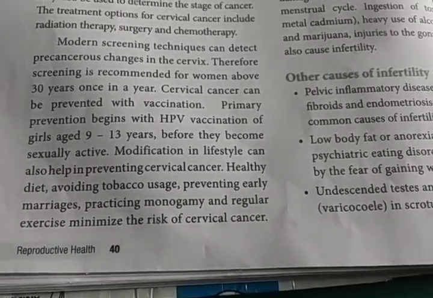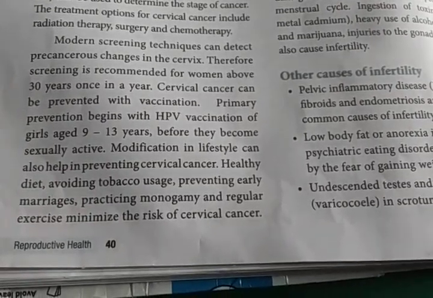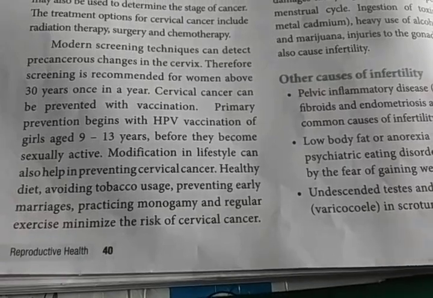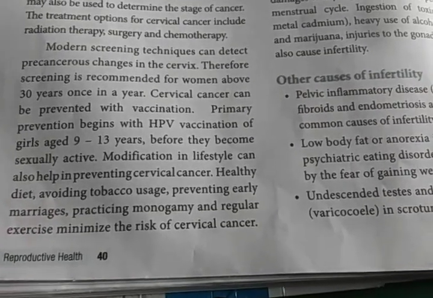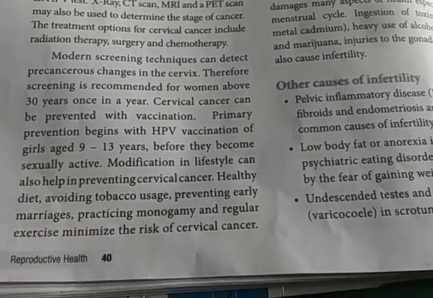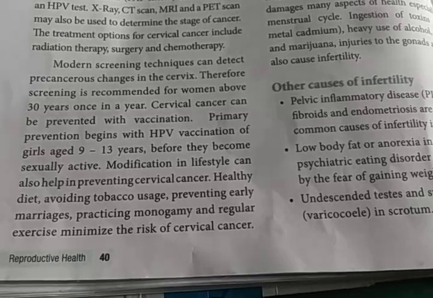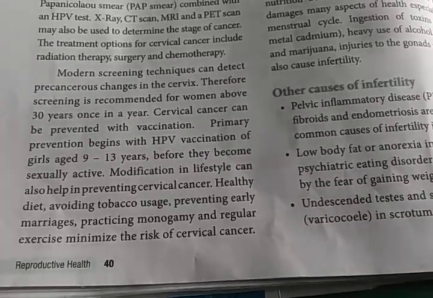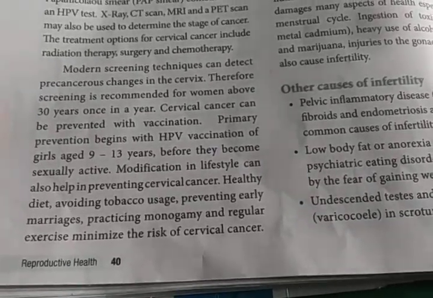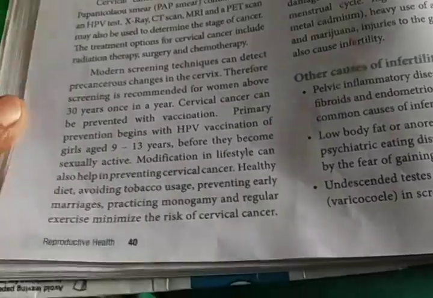Healthy diet, avoiding tobacco usage, preventing early marriage, practicing monogamy and regular exercise minimize the risk of cervical cancer. Practicing monogamy means we should not have contact with multiple partners, only one partner. Like that, with these steps we can avoid cervical cancer.